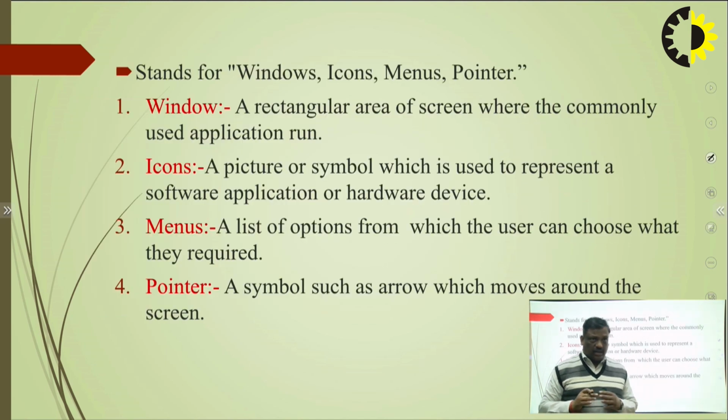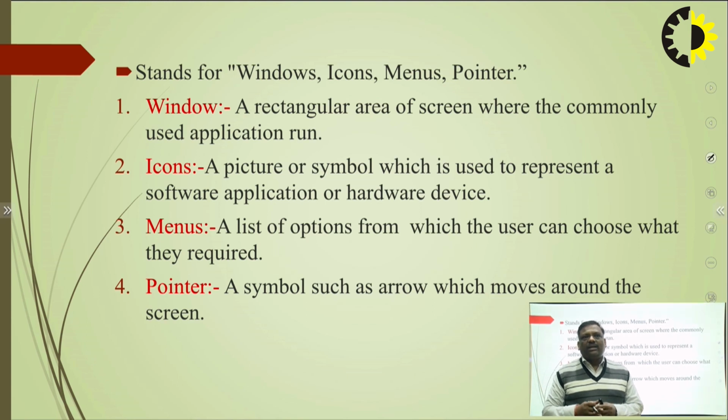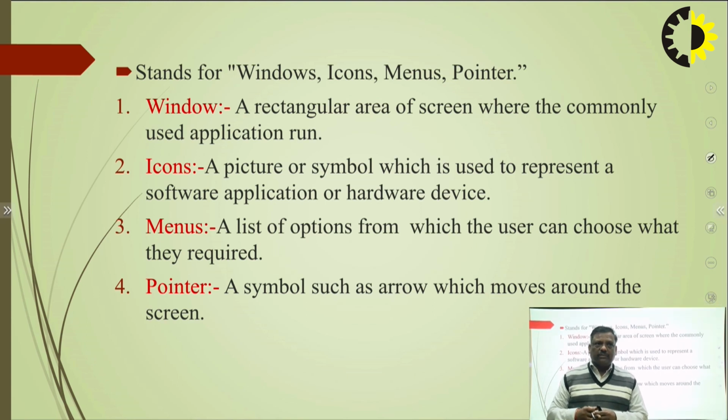When we start with the WIMP interface, at first we understand what is a window, what is an icon, what is a menu, and what is a pointer. Windows: when you are watching this video on a laptop or a desktop, a window appears on your screen. This is a rectangular area of a screen where commonly used applications run.